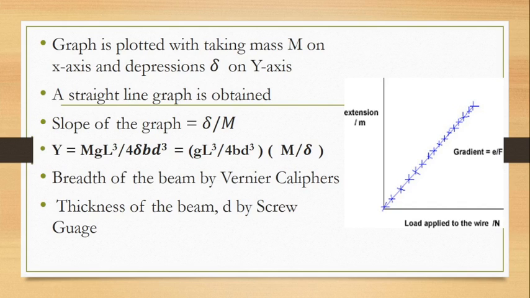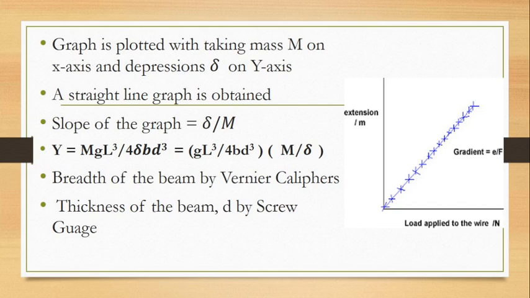So from that equation you can write Y as WL cube divided by 4 delta BD cube. So rearranging this equation again, we can take gL cube by 4 BD cube as a single bracket, and we had determined delta by m as the slope.